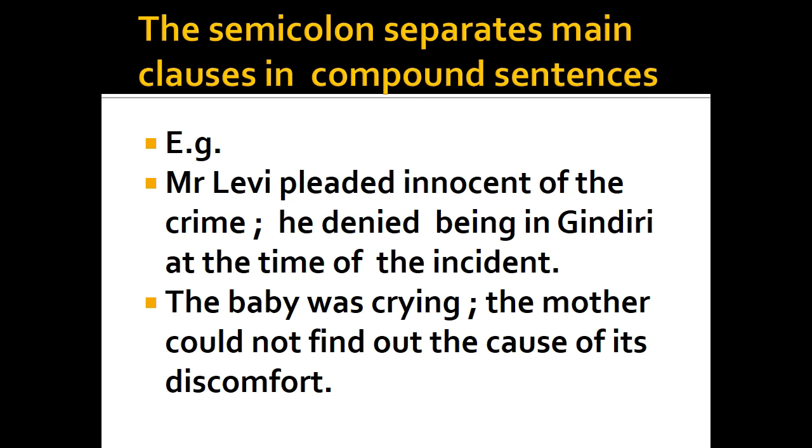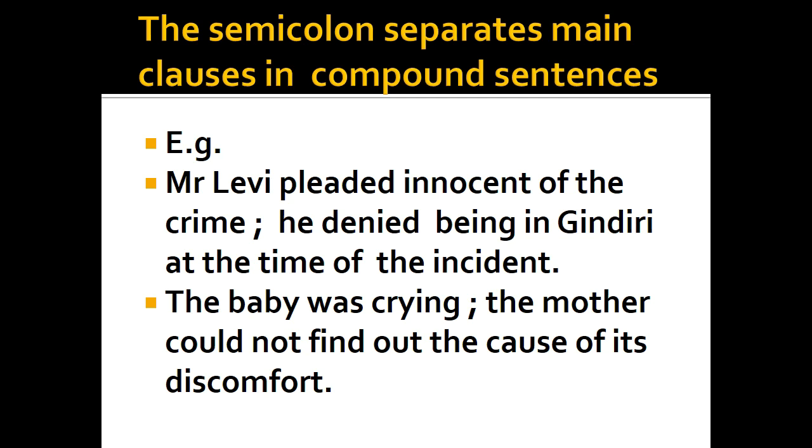Mr. Levy pleaded innocent of the crime; he denied being in Gendry at the time of the incident. When you look at this sentence, you will discover that we have two main clauses separated by the semicolon. And the second sentence: The baby was crying; the mother could not find out the cause of its discomfort.